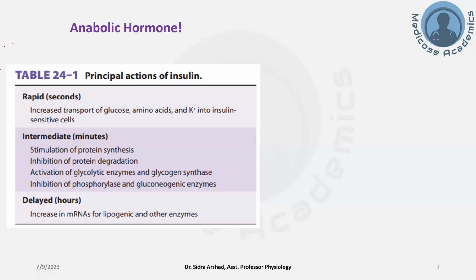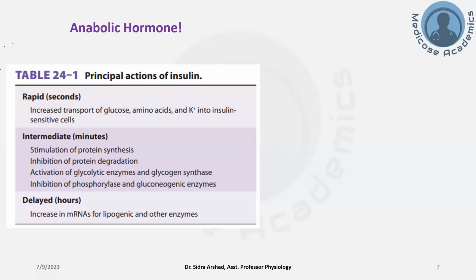Insulin also increases the uptake of amino acids to synthesize proteins, and potassium is moved intracellularly by increasing the activity of the sodium-potassium ATPase pump. So insulin increases the activity of that pump, so potassium moves into the cells.